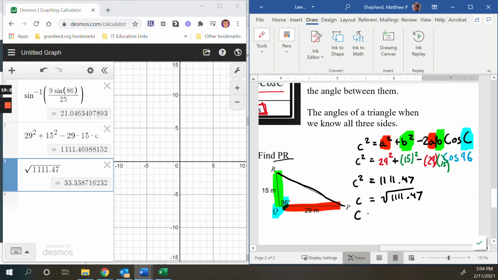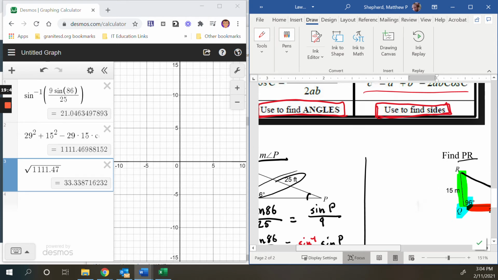So C is approximately 33.34. And that is PR. All right, let's do another.